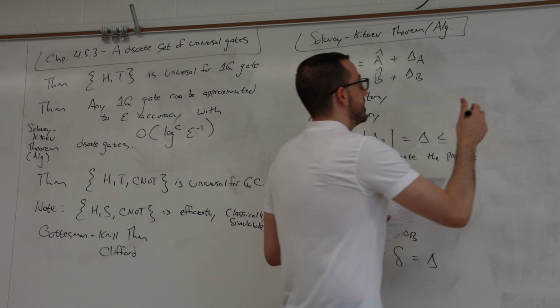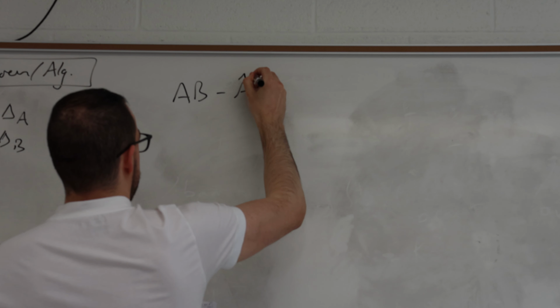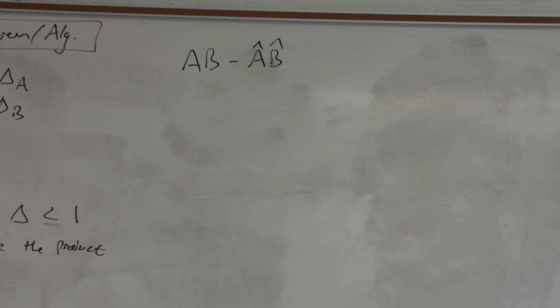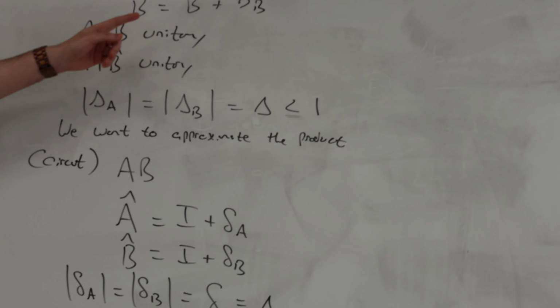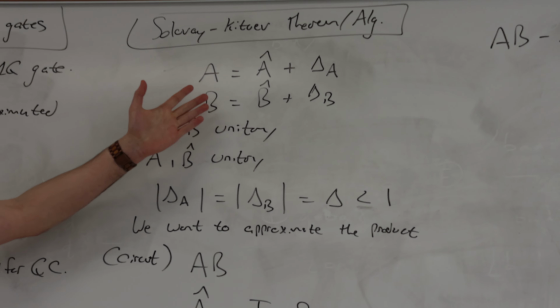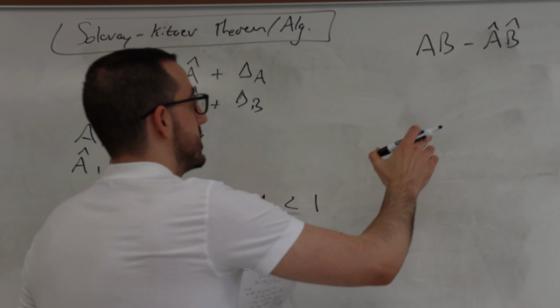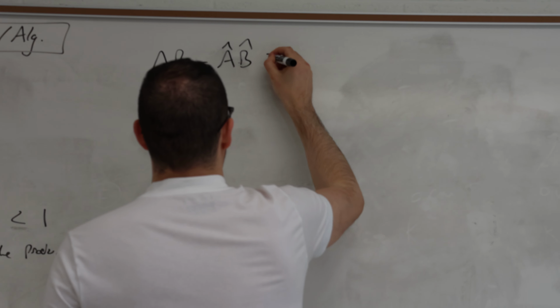So let's consider the difference AB minus A hat B hat, right? Conceptually, what are we doing here? I care about the quantum circuit A times B, product of unitaries, and I have approximations A hat and B hat to both of them. So the natural thing to ask is, how close is the product of approximations? And we can just work out what this is.